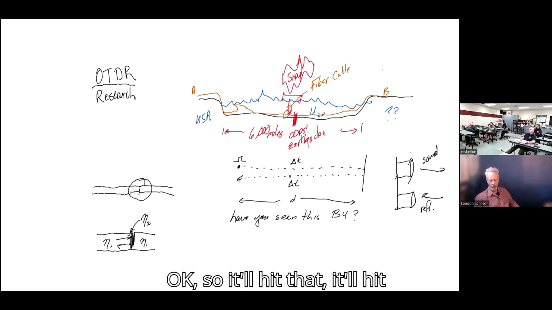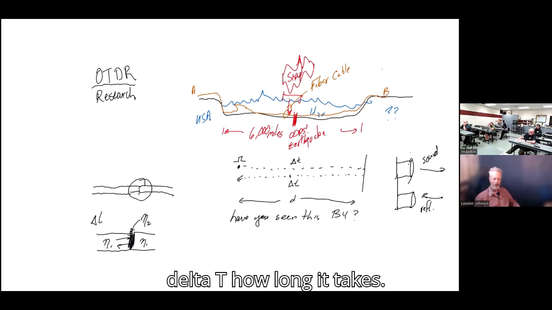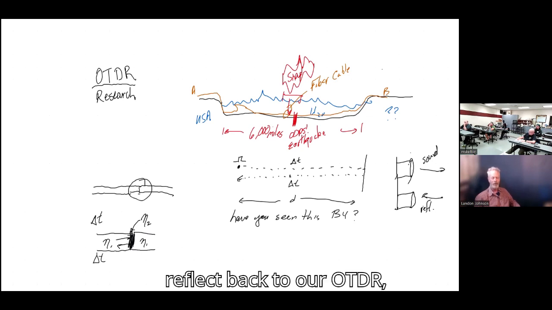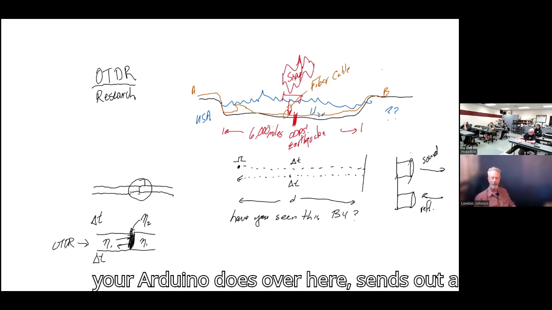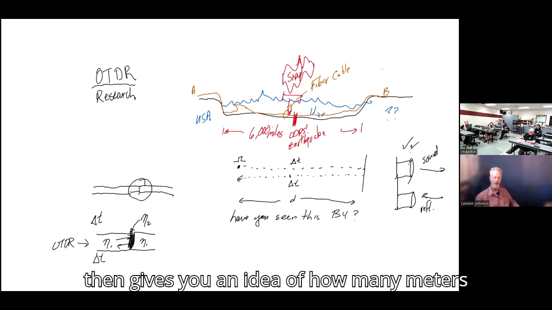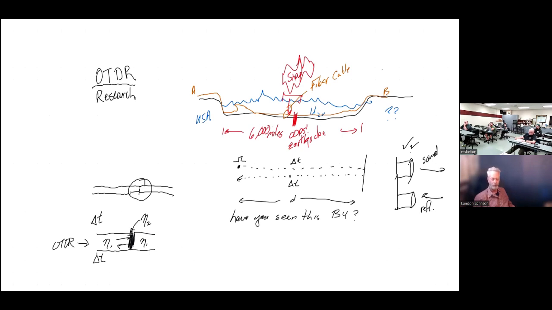So it'll hit that break, and a portion of it will reflect. If we send that out, again, we can measure delta T, how long it takes for the light to get to the break and reflect back to our OTDR, which is over here. It sends out a signal, does exactly what your Arduino does, waits for the response, and then gives you an idea of how many meters the break is from where your OTDR is.